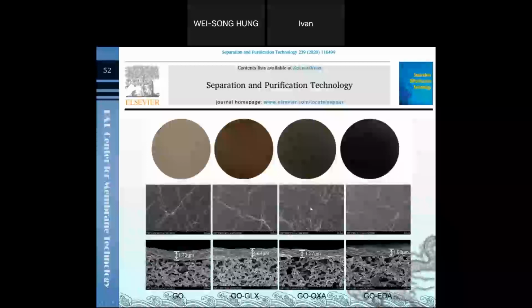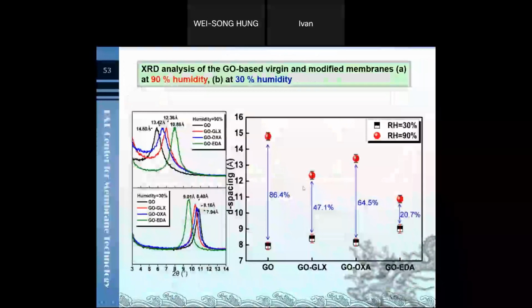In our lab, we also prepare graphene oxide membranes using different methods, and we can use XRD to define the effect of different humidity on the layer spacing. Because during dehumidification, if the membrane has a stronger swelling effect, both the water and the gas pass through.